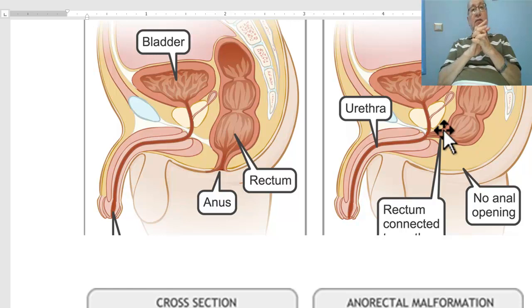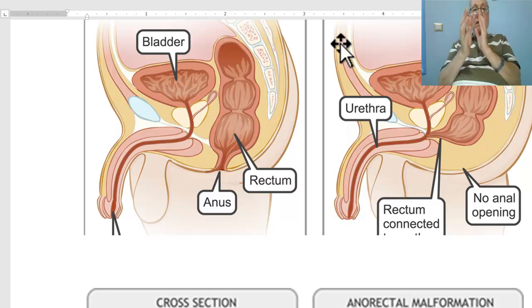The 3 stages consist of, first of all, temporary proximal colostomy. The colon is opened on the surface of the body to divert feces. Temporary colostomy.